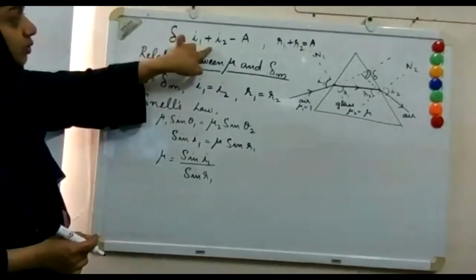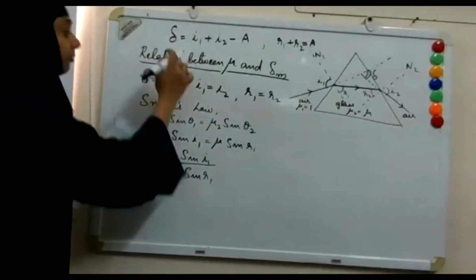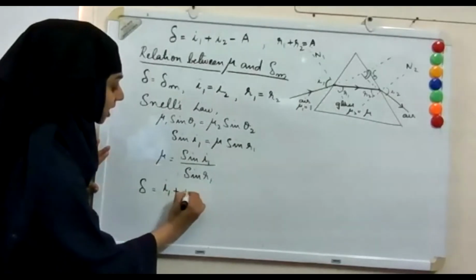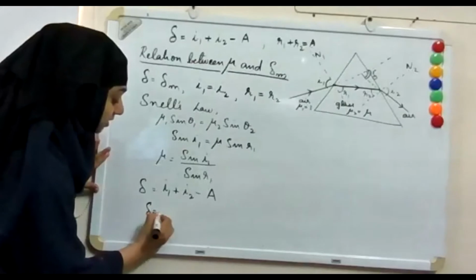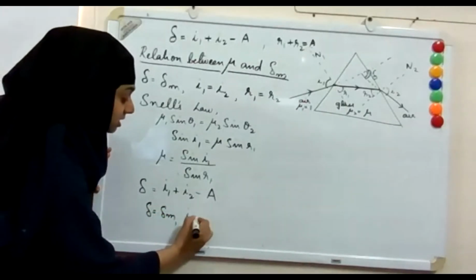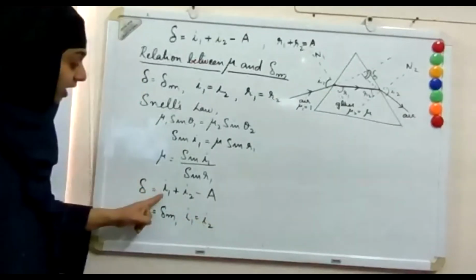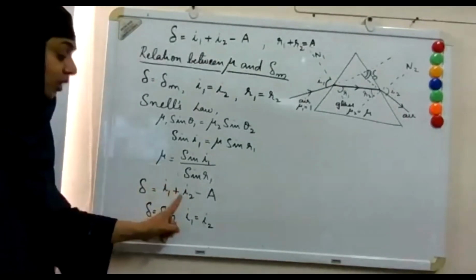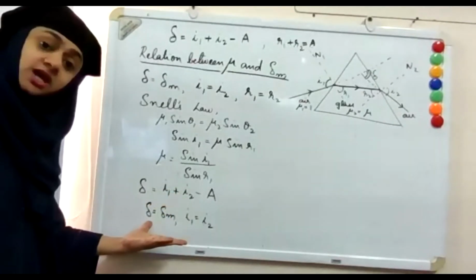Now, let us take this equation, delta is equal to I1 plus I2 minus A. When delta is equal to delta m, we can write I1 is equal to I2. So I1 plus I2 can be written as 2I1. Can I write like that? Because I1 and I2 are the same.